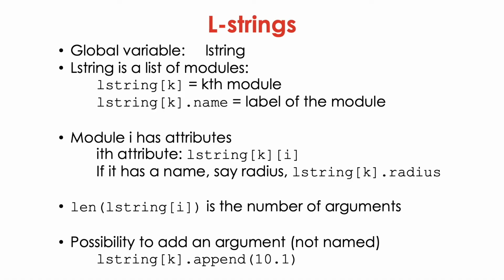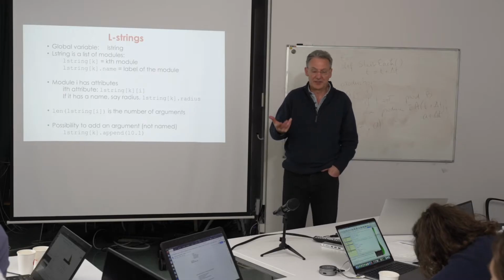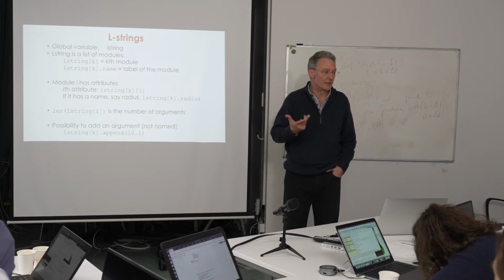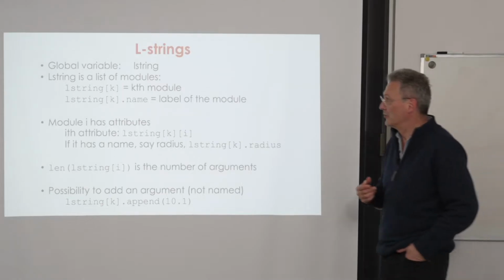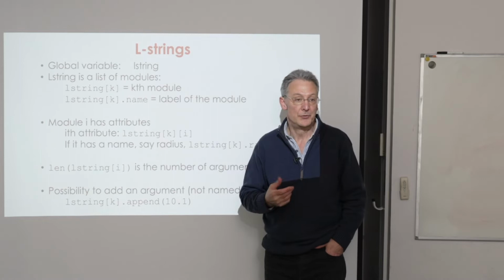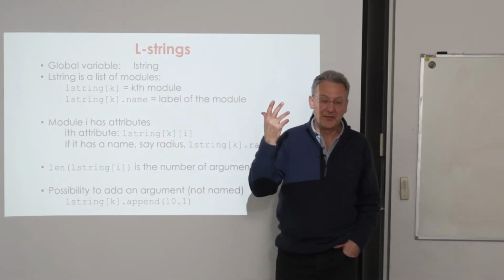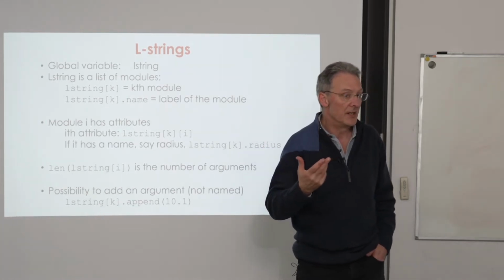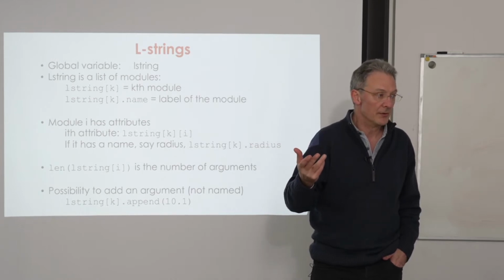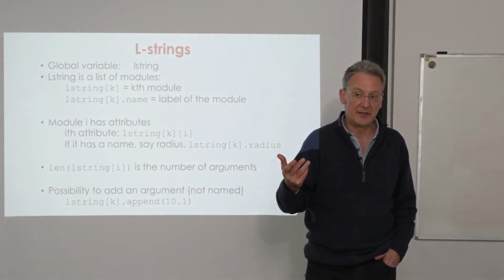If you want to have a bit of access to your lstring, okay, because I said that the system is computing the lstring, but you may want to know what is inside your lstring in a quantitative manner, not only in the graphical manner. You need to have ways to access the lstring. So the lstring, you can think of it as a list. It's a list of modules, exactly like a Python list.